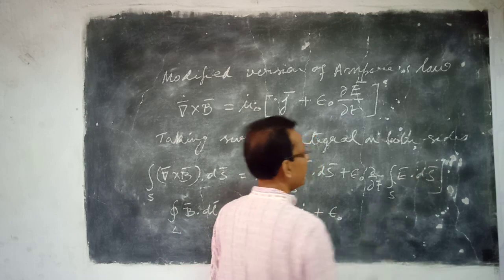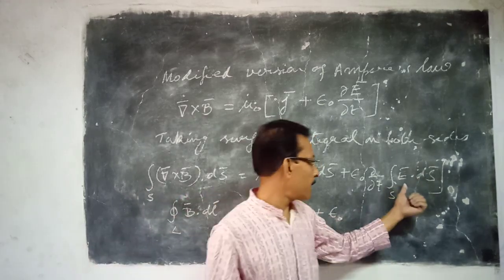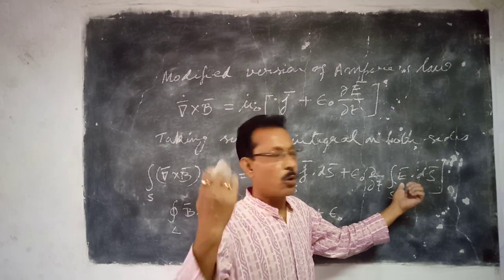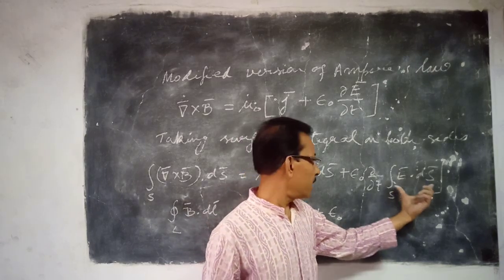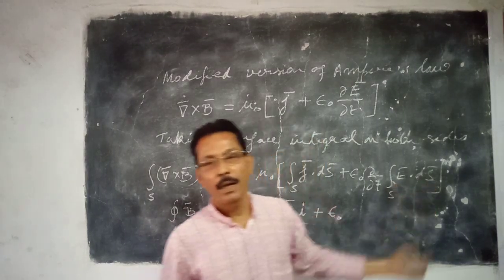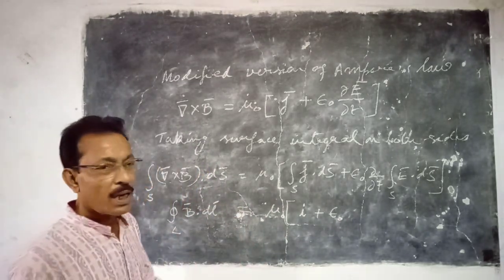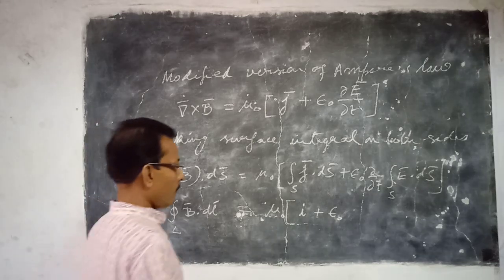What is E dot dS? It is the electric field per unit cross-sectional area, the lines of electric force per unit cross-sectional area. So this is the electric flux, the total lines of electric field.